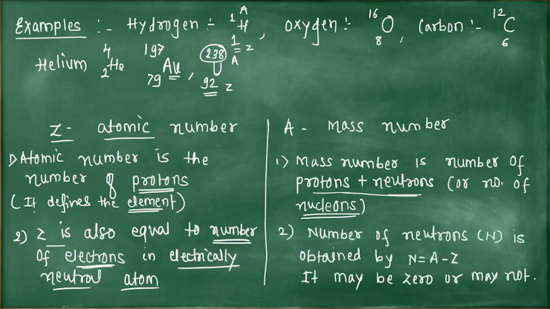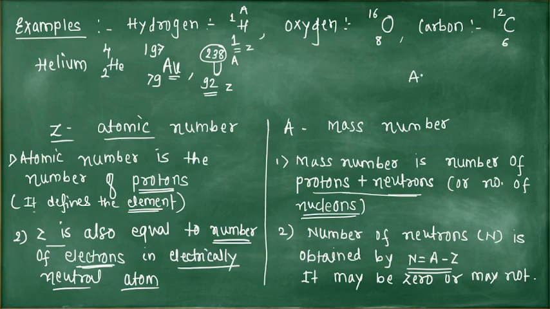You can find the number of neutrons also. The number of neutrons N is obtained by this formula: N is equal to A minus Z. How does this become N equals A minus Z?